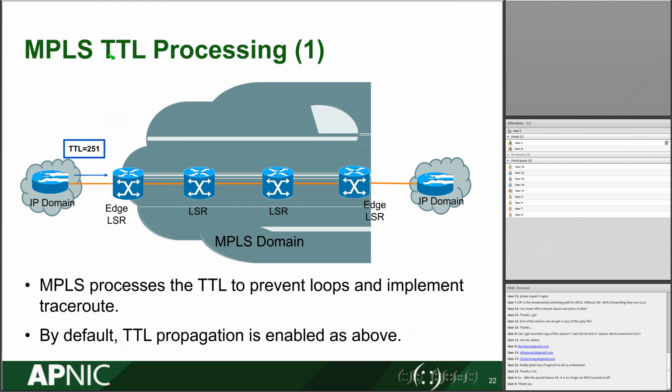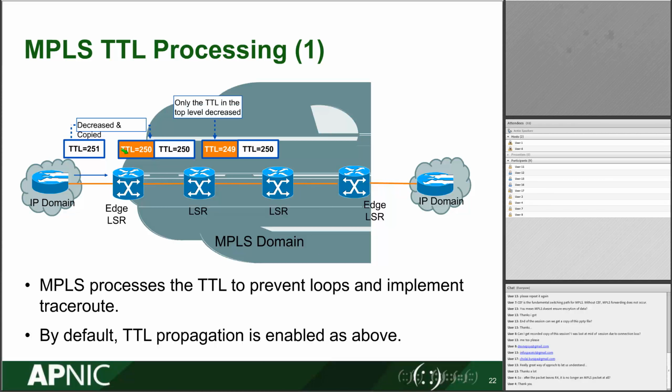And here for the time to live processing. We know IP has a time to live, MPLS has time to live. So which should we use, and how can they map into each other? For the IP path, if the TTL is 251, and then for the MPLS domain, if we just use the default TTL propagation, that means in the MPLS domain, it will continue using the time to live from the IP domain.